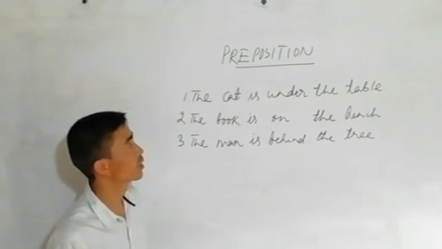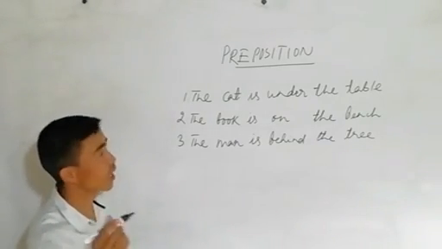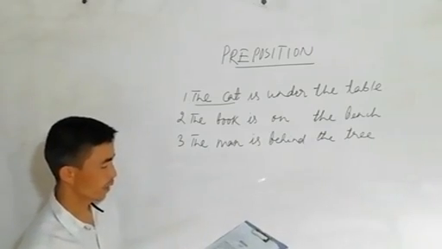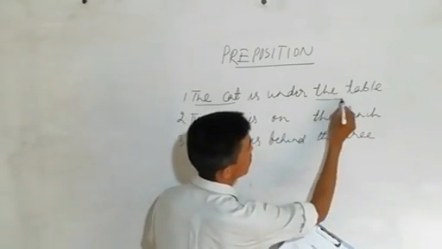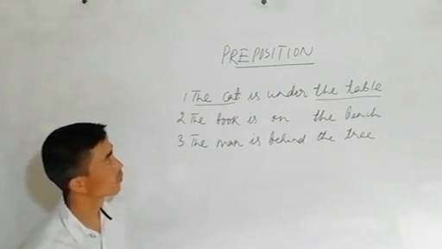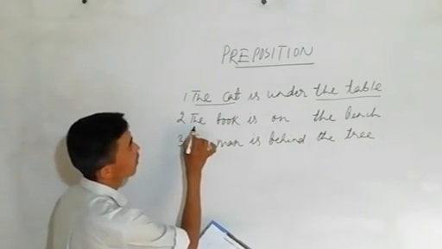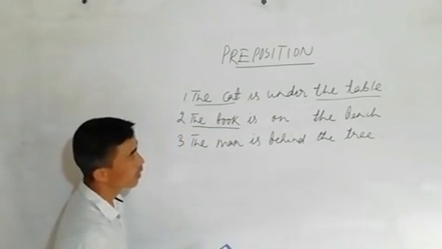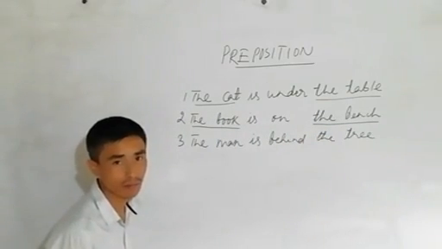Let's try to find out the nouns here. We have a noun in the cat, and then we have another noun here. In the second sentence, the book is a noun, and the bench is again a noun.